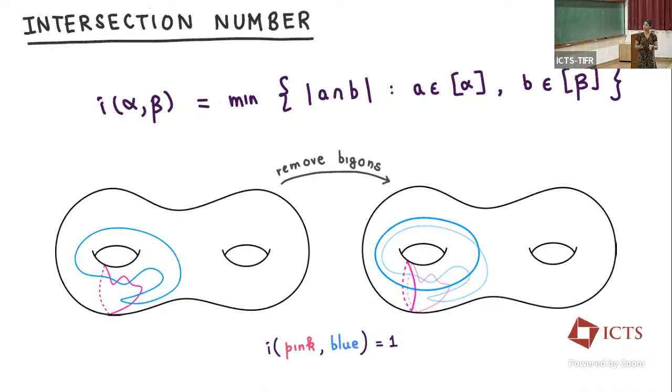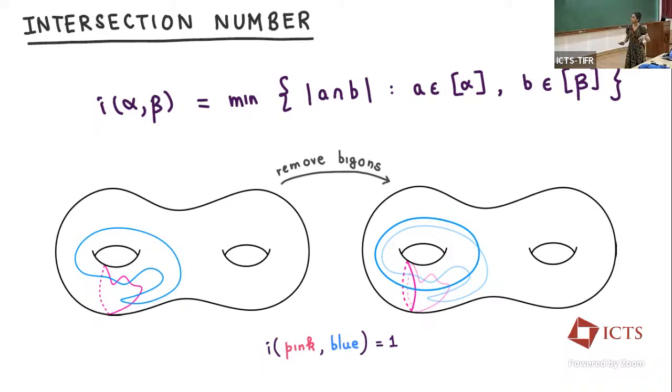Next, let's define the intersection number for 2 curves. So given any 2 curves alpha and beta, we denote the intersection number of alpha and beta as I of alpha and beta, and we define it as the minimum number of points in which any member in the isotopic class of alpha intersects with any member in the isotopic class of beta.